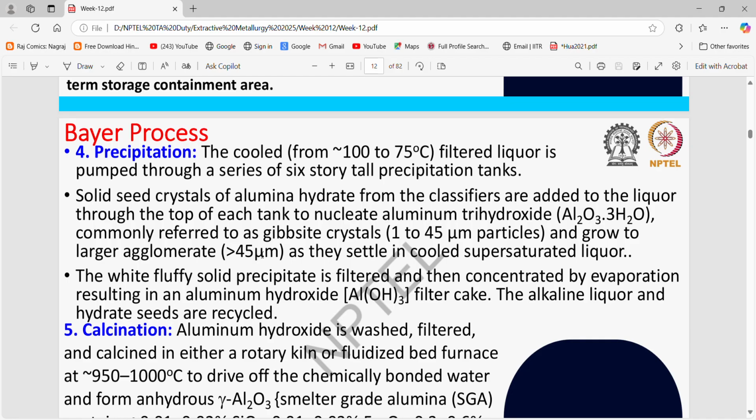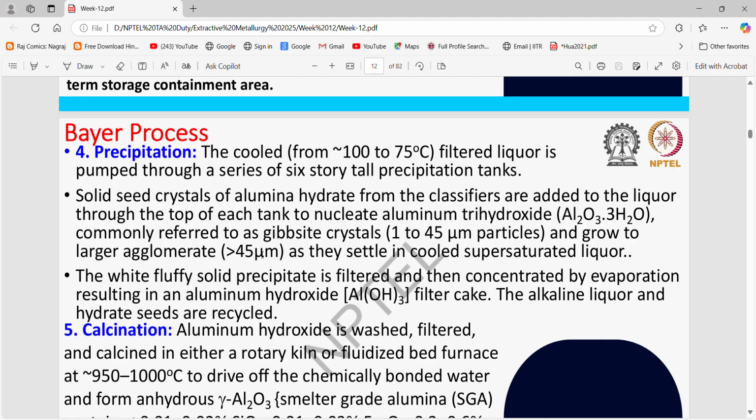So we are seeding it with the help of the alumina hydrate, so we can precipitate the aluminium trihydroxide material, commonly referred to as gibbsite crystals, having a particle size of around 1 to 45 micron, and they grow to larger agglomerates having size greater than 45 micron as they settle in the cooled supersaturated liquor.